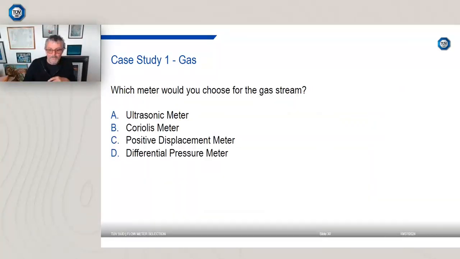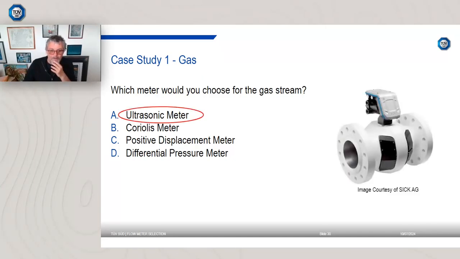So again, if I look at what's available, I can't really see myself using a PD meter or a DP meter because they introduce a pressure drop. But I've got plenty of space here, and I think in that case, I'll go for the ultrasonic meter. It meets the uncertainty requirement.